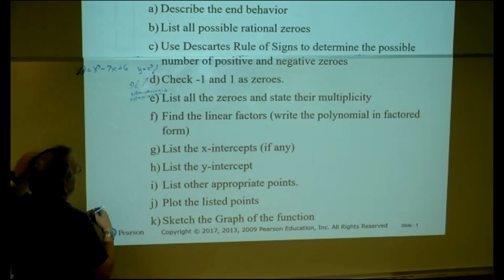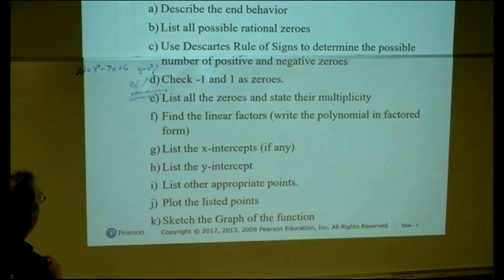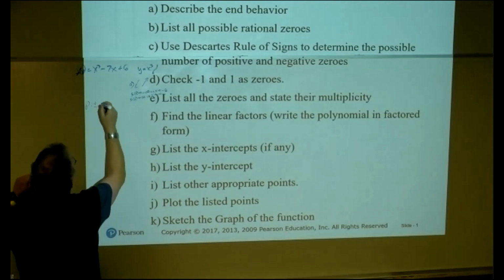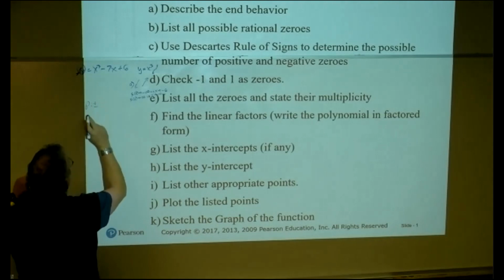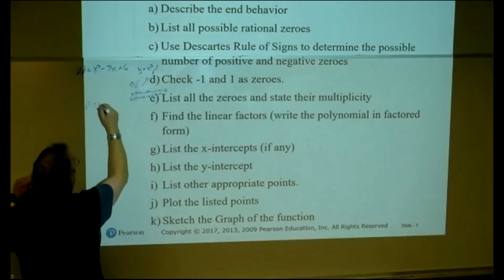So P would be positive or negative 1, 2, 3, or 6, and Q would be positive or negative 1.